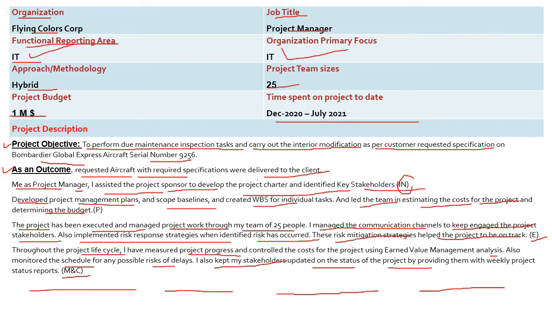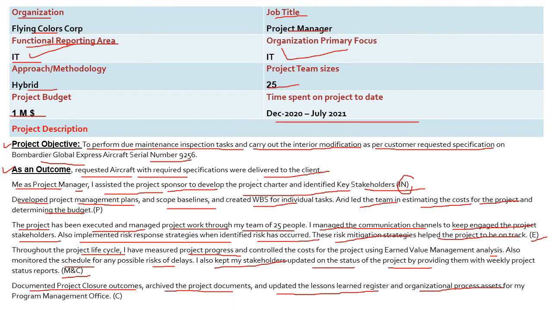And finally, the fifth process group, closing. So whatever activities you have done as part of closing the project, you are going to indicate here. For example: documented project closure outcomes, archived the project documents, and updated the lessons learned register and organizational process assets for my program management office or project management office.